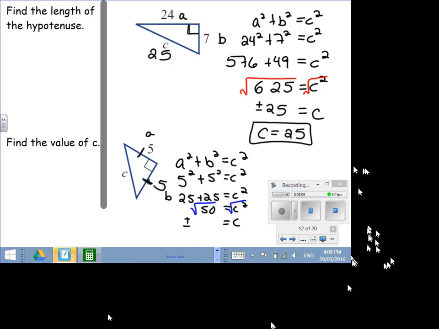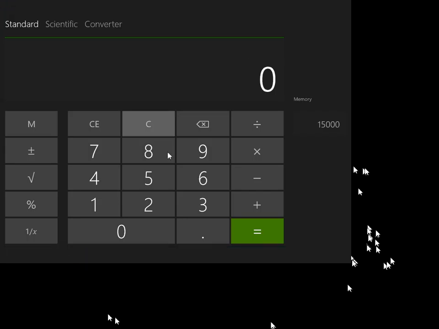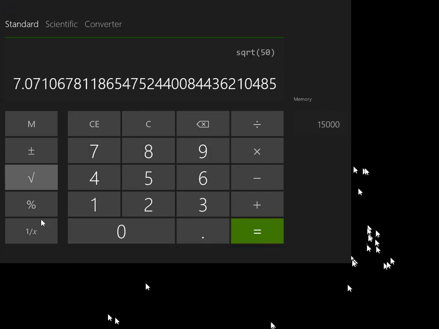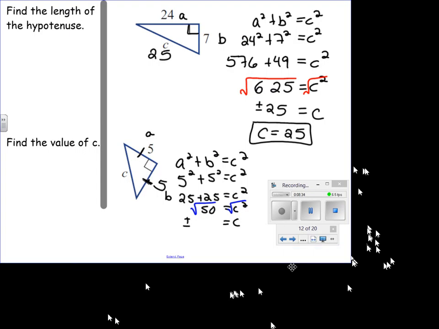So again, if I'm not sure what that is, I go to my calculator, and I put in 50 square rooted, I get a decimal. So this is why we were practicing writing down decimals to at least 2 decimal places. If I round this decimal off, the square root is 7.07. So let's take that to 2 decimal places, and we'll approximate our answer as 7.07.